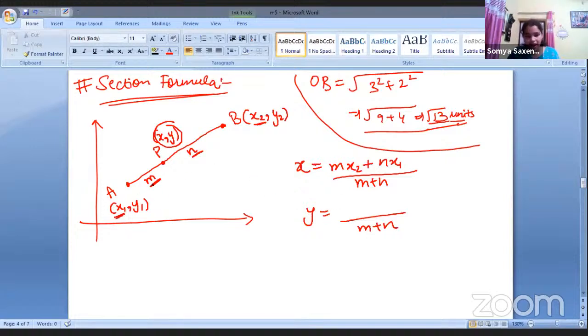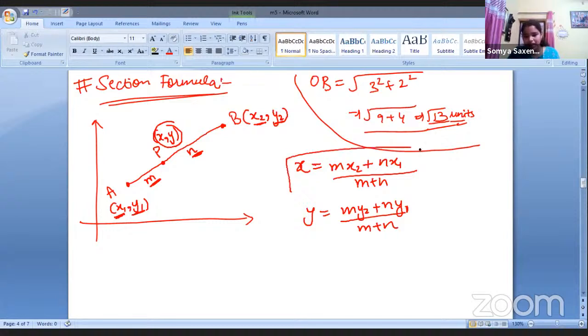Similarly for y, M y2 plus N y1. Okay, so don't do it like this, M x1 and N x2. No. It is M x2 plus N x1 for x, and M y2 plus N y1 for y.